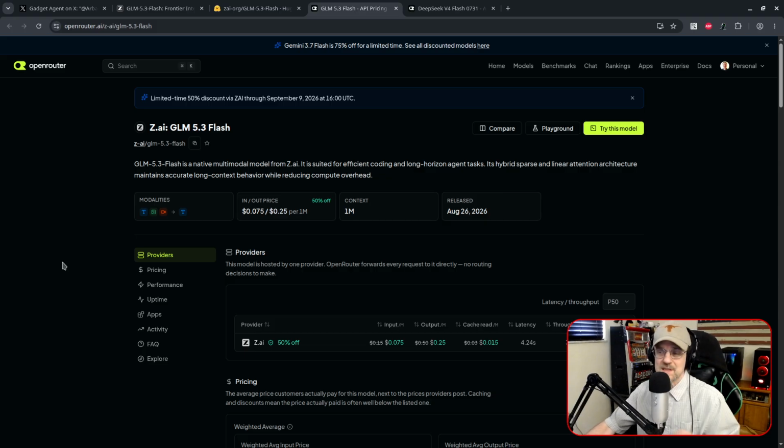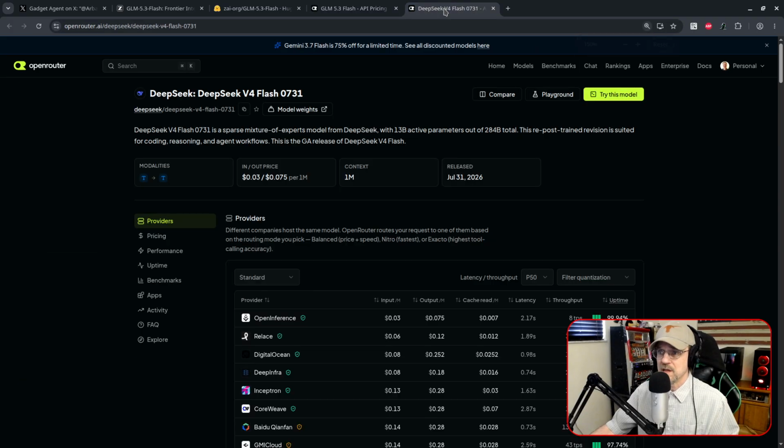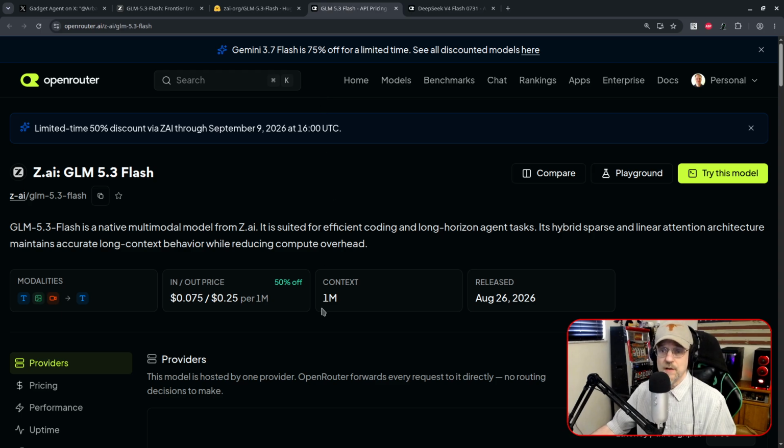I have seen some erroneous reporting on the pricing of this versus DeepSeek, saying that it's cheaper than DeepSeek, and it clearly is not. On OpenRouter right now, DeepSeek V4 Flash, and that was the comparison made, is only 3 cents per million in and 7.5 cents per million out, which is about 1/3 the cost of the discounted rate for GLM 5.3 Flash.